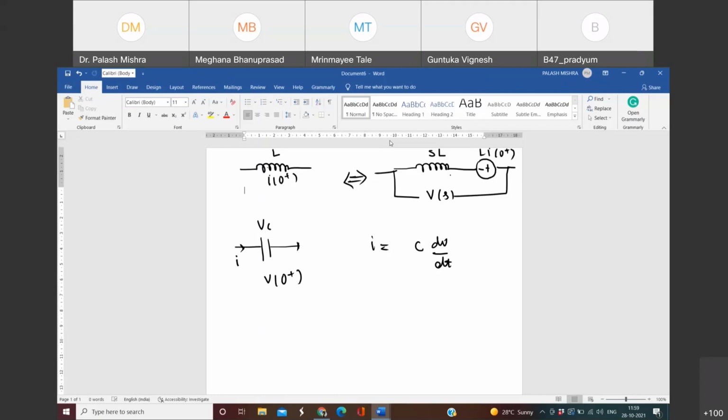Please tell me how the capacitor will be represented if it is having some initial voltage also. Let me know.